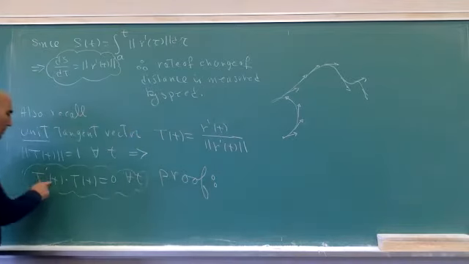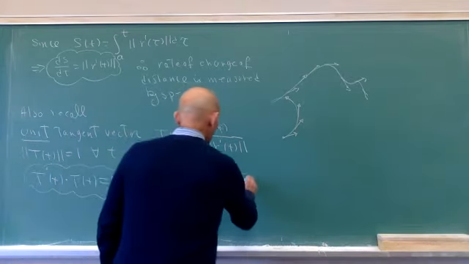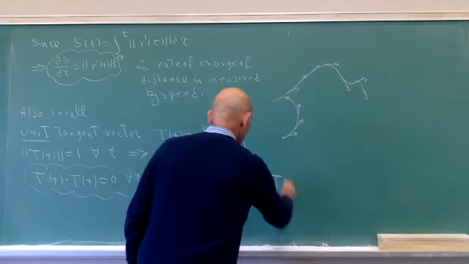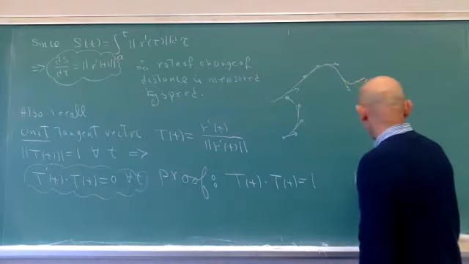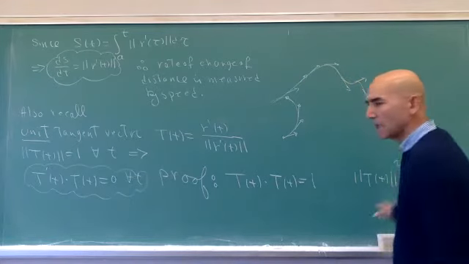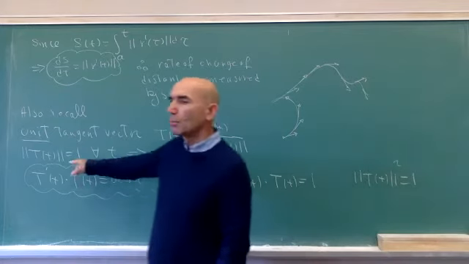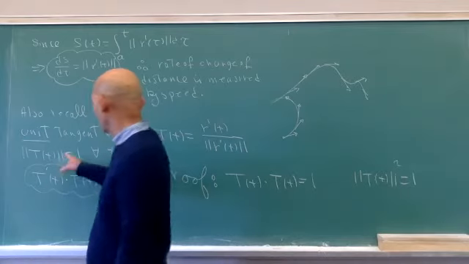What does this relation mean? Norm of T is equal to 1. It just means that T(t) dot T(t) is equal to 1, so the norm of T squared is equal to 1.